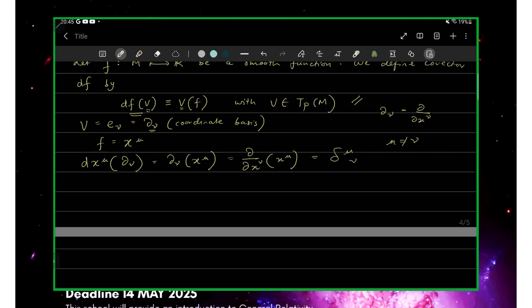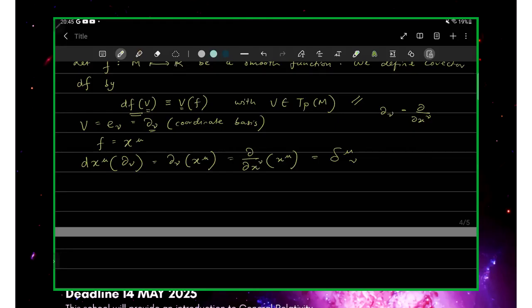And obviously, different coordinate points are independent of each other, and if they're independent, their derivatives with respect to each other would give you null, 0. And if indeed they are equal, that means x^nu is the same as x^mu, and deriving with respect to each other would just give you unity, like 1, right? So hence you would get the Kronecker delta.